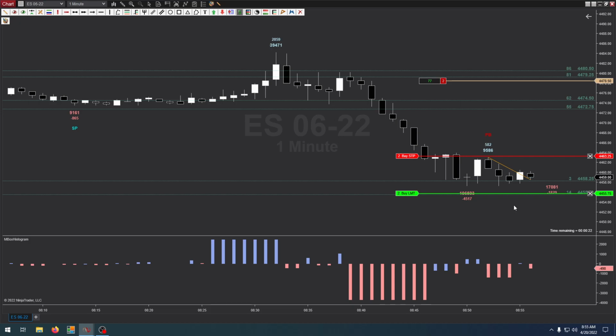So we can confirm a swing short, which is right here. Come on, can we get some? No, we're not closing below this level right here. This level here is pretty strong.